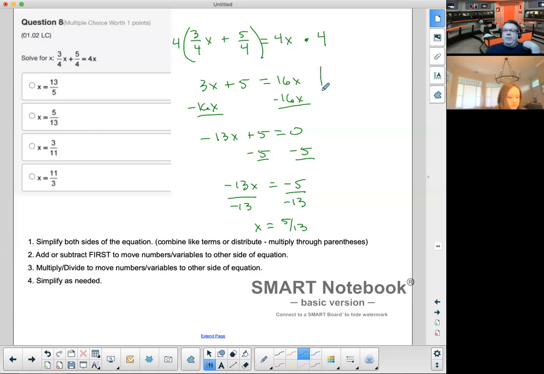The only thing I would suggest is at this step right here, and it saves you one step. Instead of bringing the 16 over here, it's okay to move the 3x over here.